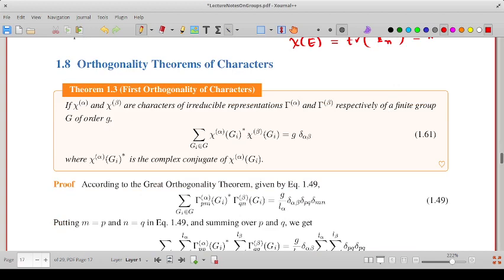Now we discuss orthogonality theorems for characters. Analogous to the orthogonality theorems for the representation matrices, we now consider orthogonality theorems for the characters.